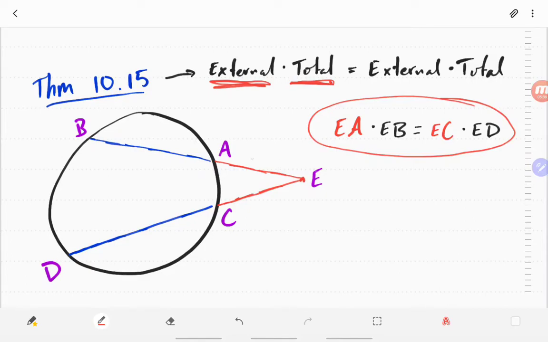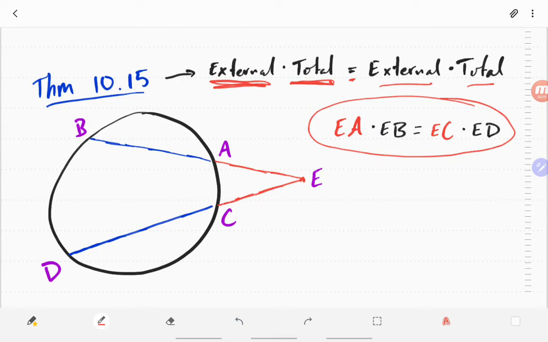So I'm going to take EA and multiply that by EB, right? EA times EB. External times the total length just so happens to be equal to the external times the total of your other one, right? So I can take EC and multiply that by this total segment here.